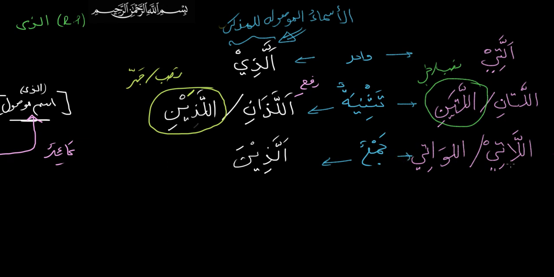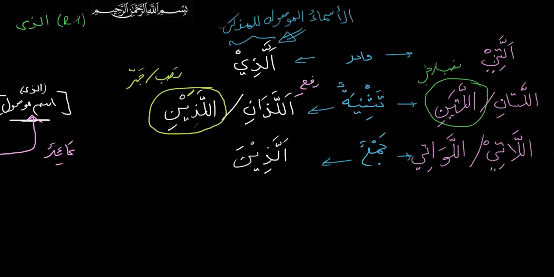Now there are two for jama for women, allati or allawati. But over here is only one for women. Allatani is for rafa, and allatain is for nasab and jar.